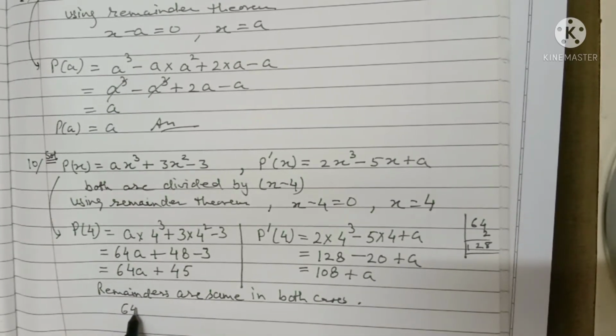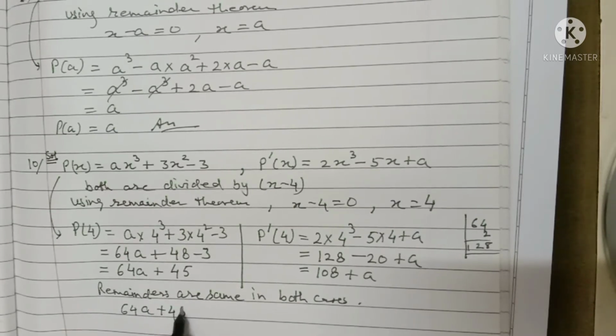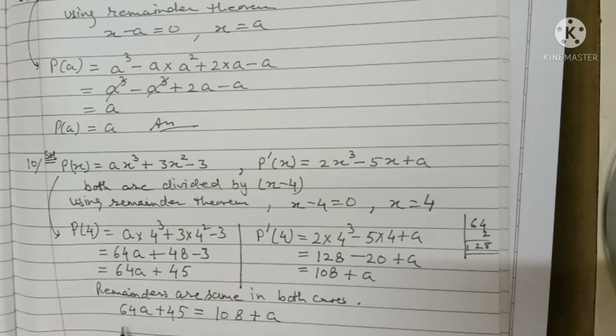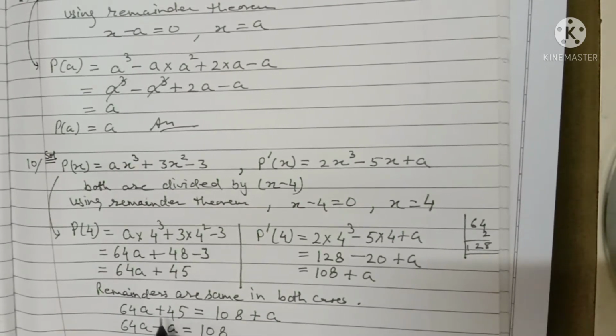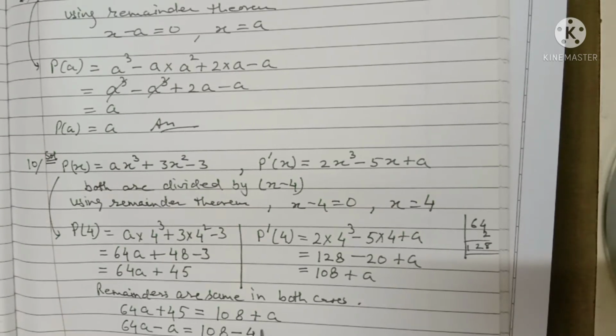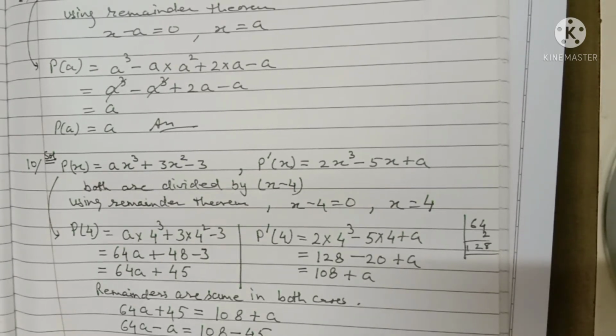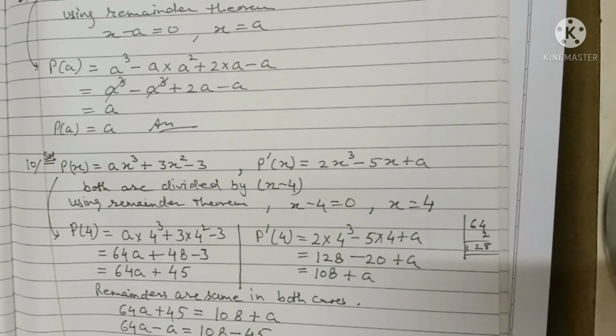Equate 64a plus 45 is equal to 108 plus a. Now solve it. 64a minus a is equal to 108, and here 45 will go to this side, minus 45. You will get 63a is equal to 63.